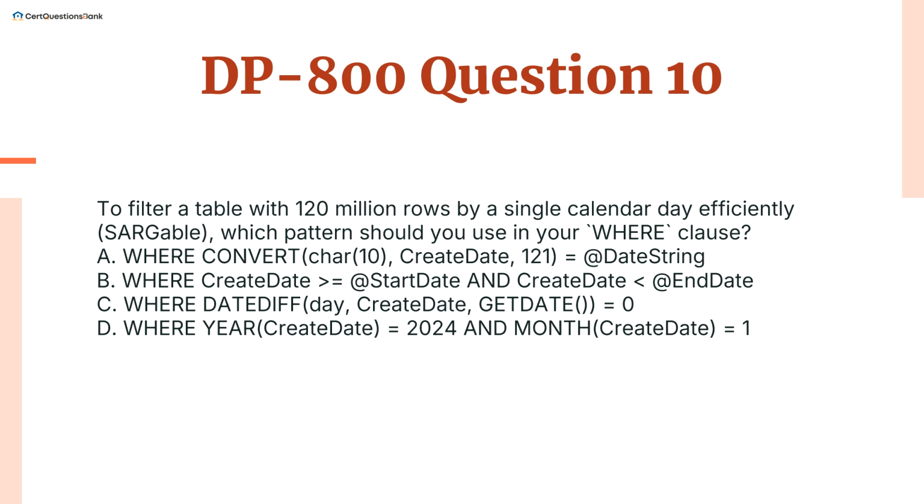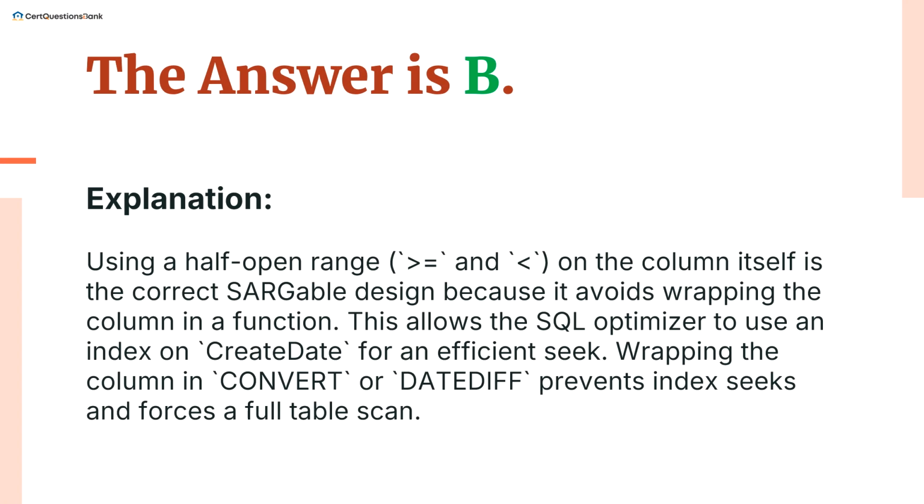B. WHERE CreateDate >= @StartDate AND CreateDate < @EndDate. C. WHERE DATEDIFF(DAY, CreateDate, GETDATE()) = 0. D. WHERE YEAR(CreateDate) = 2024 AND MONTH(CreateDate) = 1. The answer is B.